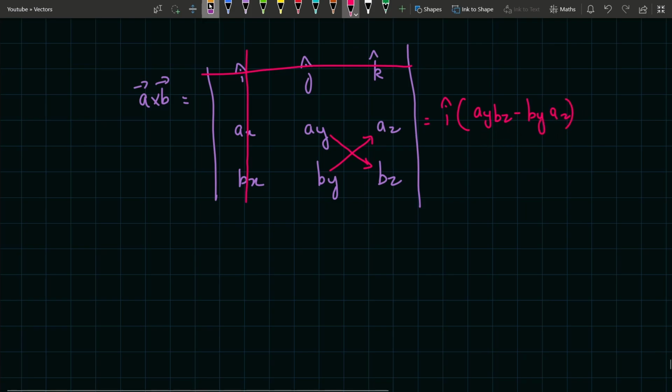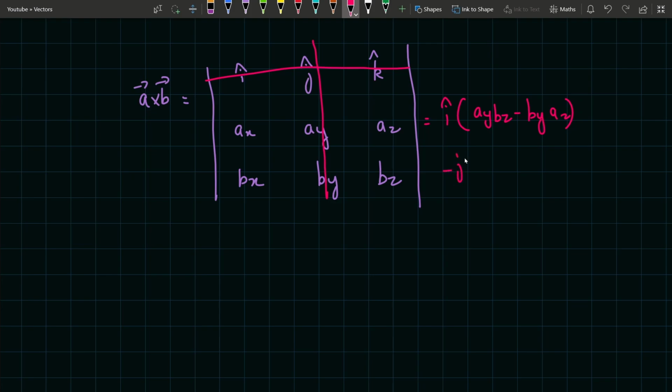Second step is, now don't cancel the first column and first row, cancel the second column and the first row. What are the remaining things? ax, az, bx, bz. Now before writing j cap, we have to put a minus. I'm not going to explain why we are putting a minus here, because that requires a lot of explanation, but just put minus.